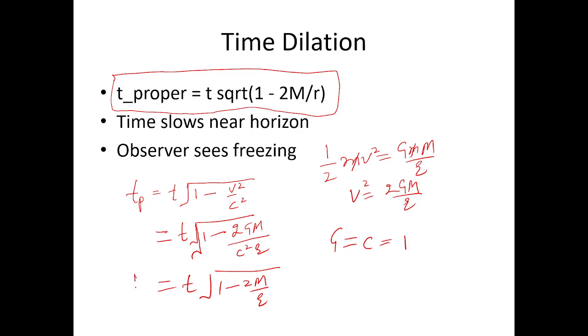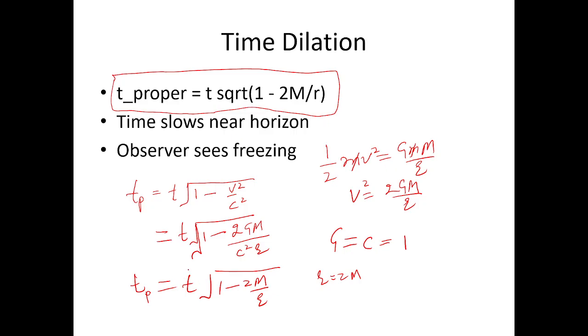This proper time becomes 0 if I put it on the horizon. If I put R to be 2m in this formula, this becomes 0 and proper time becomes 0. What does that mean? On the horizon, time stops. Time does not pass, it is 0.